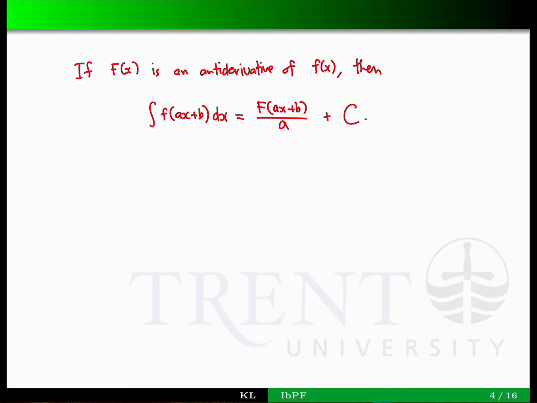Particularly, if you have the integral of 1 over ax plus b dx, we can skip the u substitution and just simply write ln absolute value of ax plus b over a plus the arbitrary constant c. Okay, so we can skip that part.